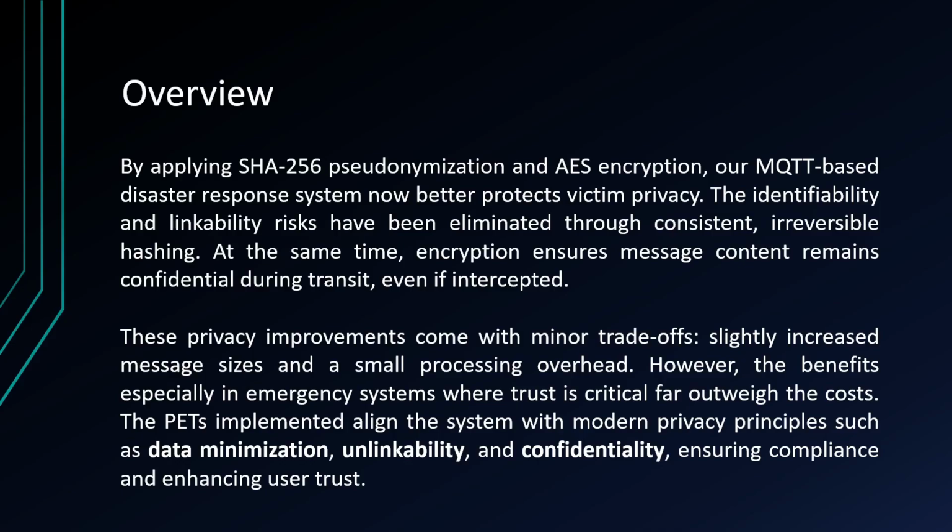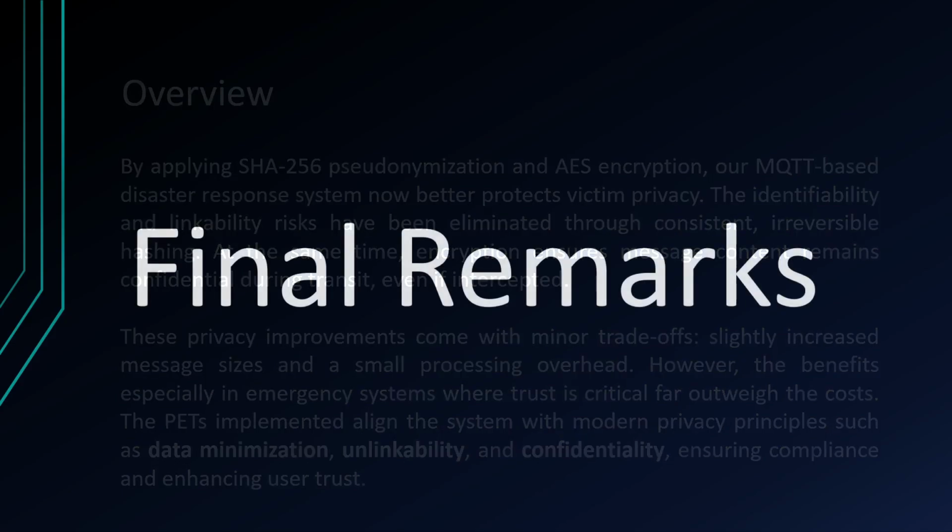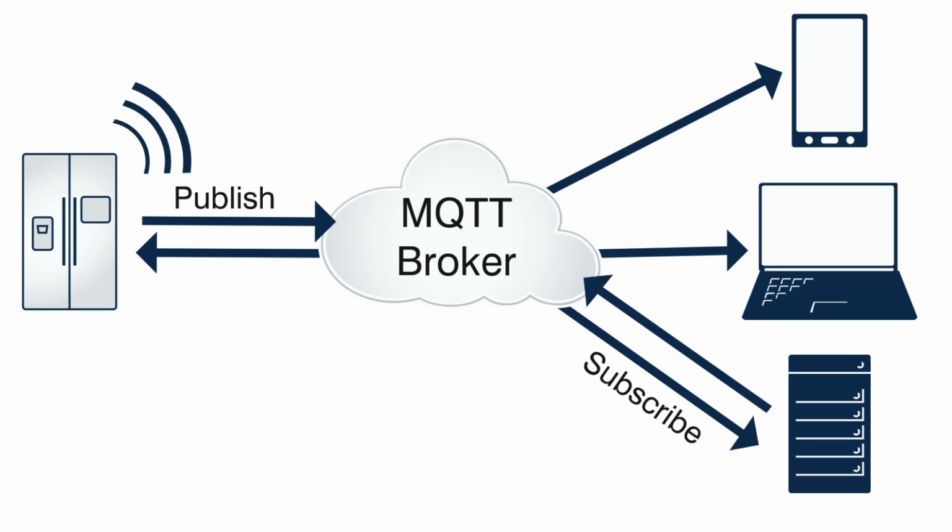So coming towards the final remarks, I can say that this project has been an eye-opening exercise in integrating privacy by design into a real-time messaging system like MQTT Mosquitto. It is commonly used in IoT and emergency situations where speed and efficiency are critical.